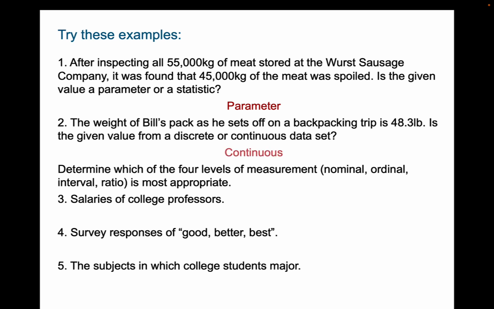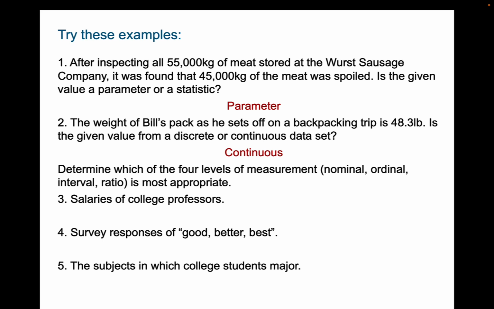And if you come up with continuous for this, you are correct. That is because pounds is a continuous set of data. When data is in pounds, it is a continuous set. 48.3 pounds, 48.35 pounds. Those are all reasonable outcomes when measuring the weight, or in pounds, of an object.